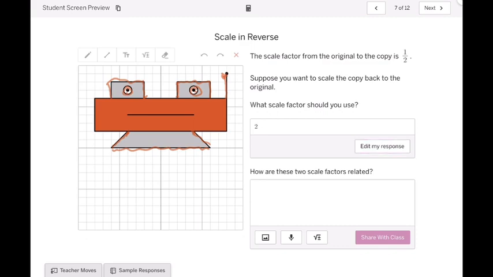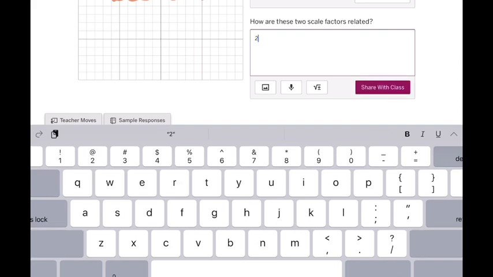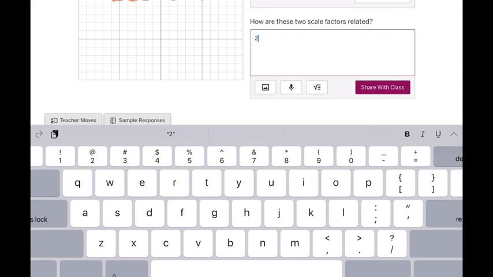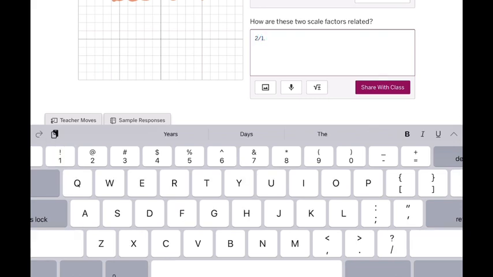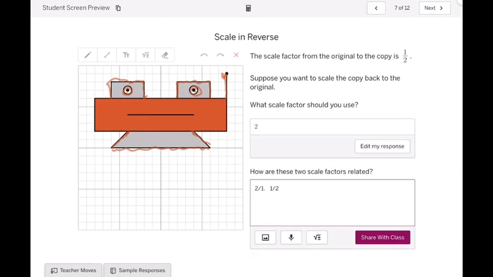When we compare these two, it's easier to look at them both as a fraction, like the same number form. So 2 as a fraction is 2/1. And 1/2 as a fraction is 1/2. So do you notice that they're just flipped around?